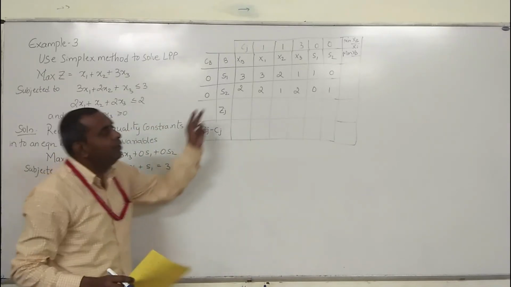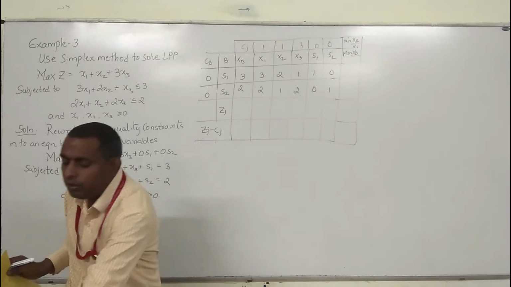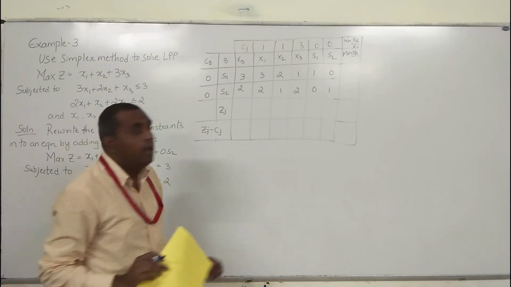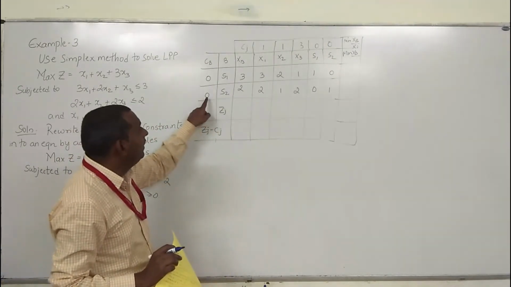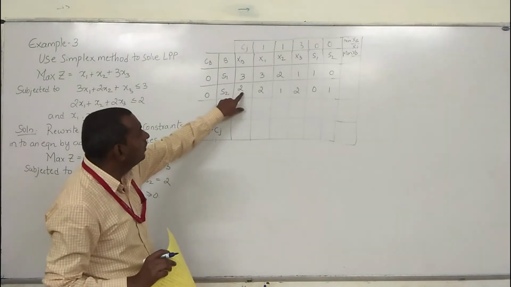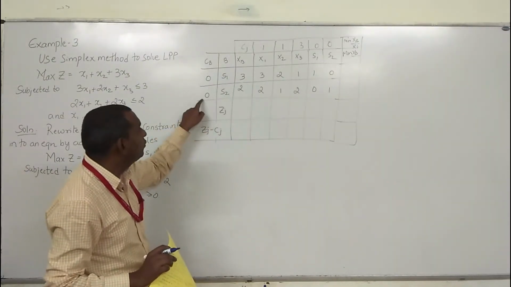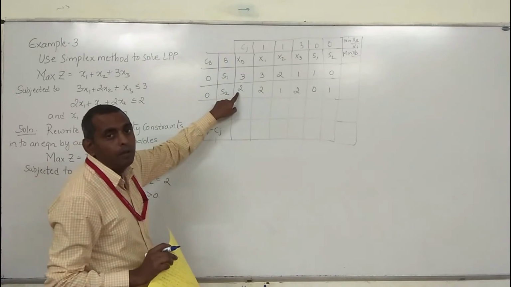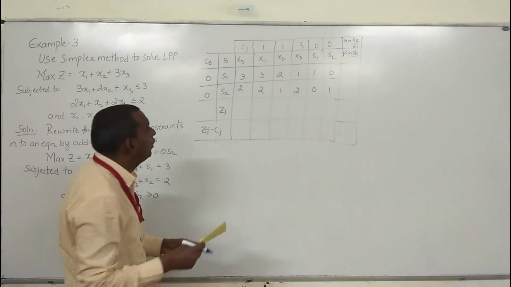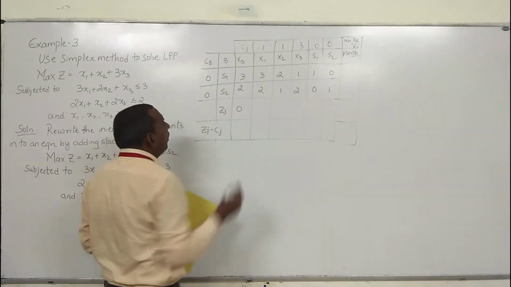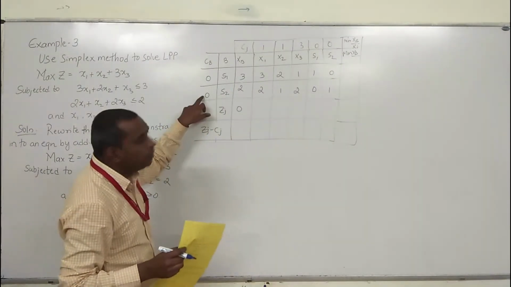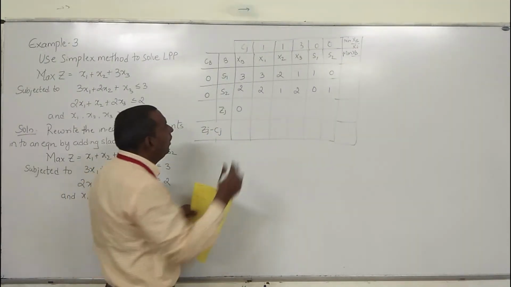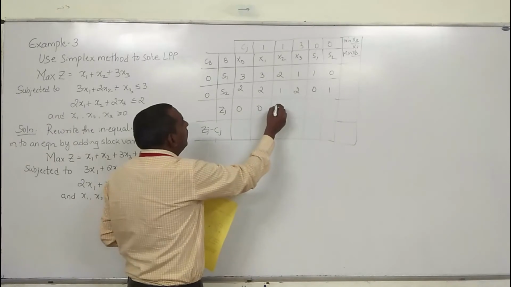So once the values are inserted here, find out the value of Zj. How to find the value of Zj here? It is nothing but this into this plus this into this. That is 2 into 0 plus 3 into 0, the answer is 0. And here it is 2 into 0 and 3 into 0, the answer is 0. Fine.